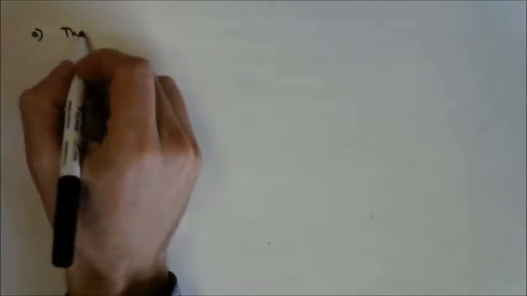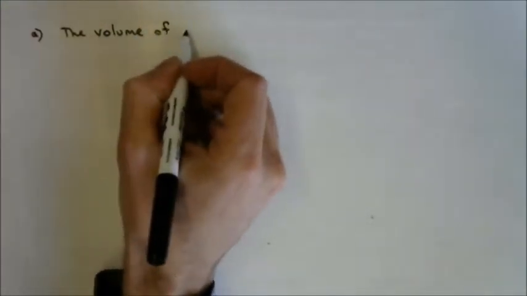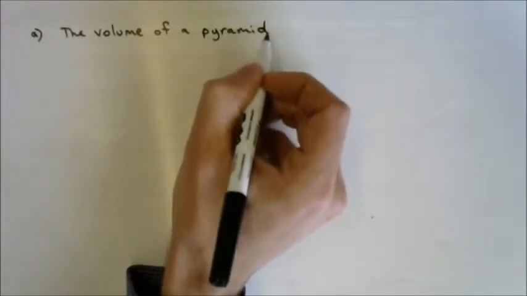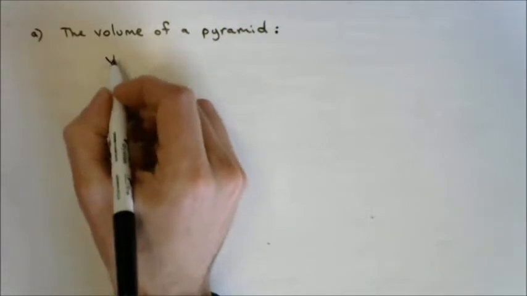Does anyone know the formula for the volume of a pyramid? Length times width times height? Maybe just base times height? 1/2 base times height? All right, you should be writing this.